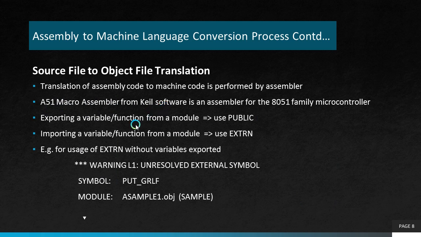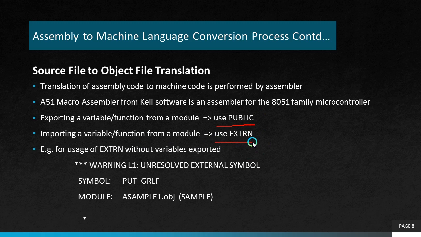Each module can share variables and subroutines among them. Exporting a variable or function from a module is done by declaring that variable or function as public. Importing a variable or function from a module is done by declaring that variable or function as extern.